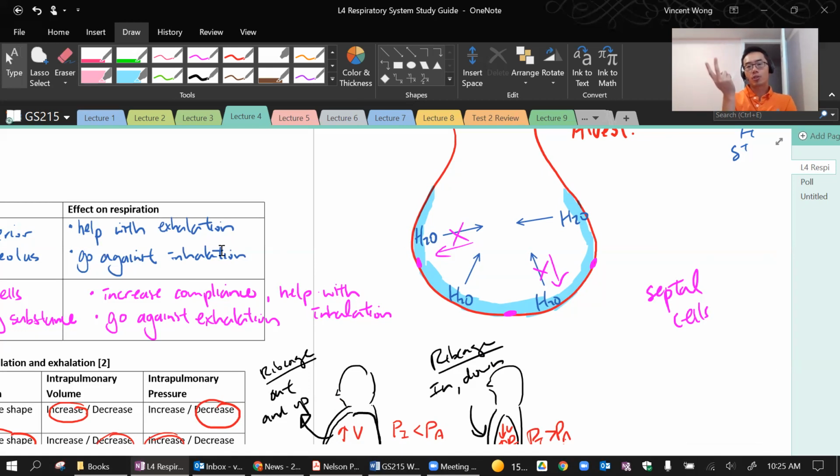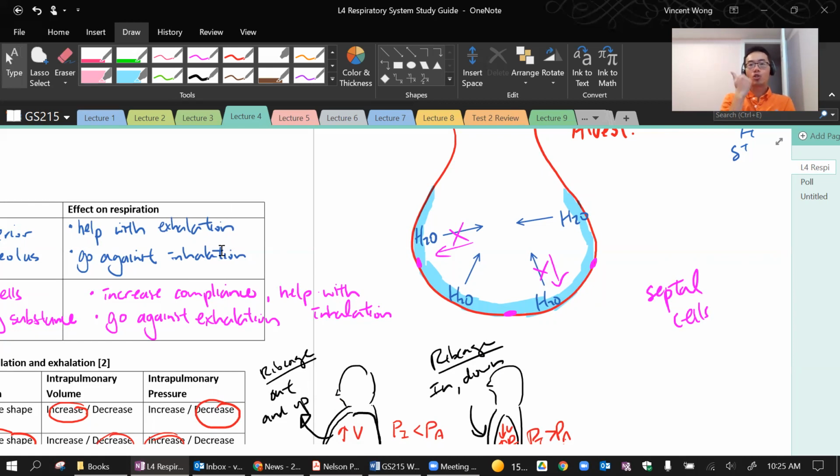So 2 conditions that we talked about in the lecture. There is something called respiratory distress syndrome. That's when babies are born prematurely and they haven't been able to produce the surfactant just yet. So they will be a little bit bluish because they can't really breathe on their own.